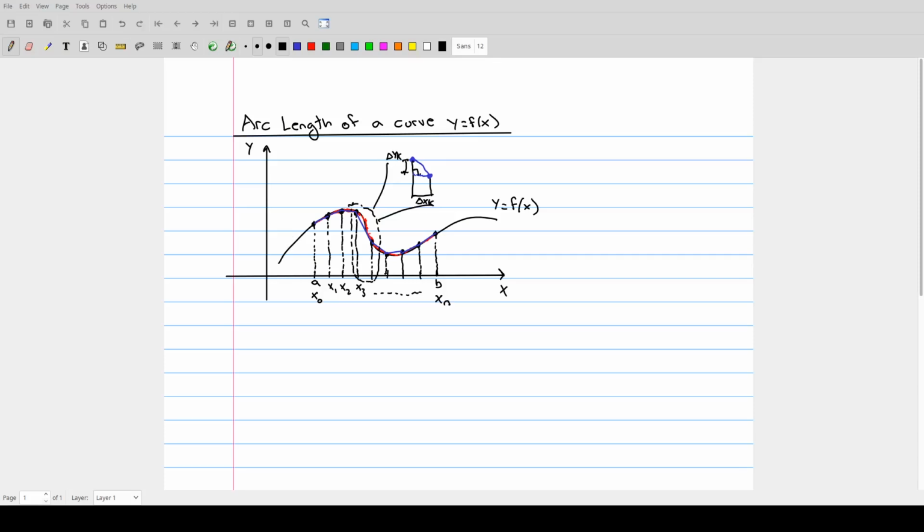And because this is a right triangle, for every single one of these partitions, you have that delta sk squared is equal to delta xk squared plus delta yk squared.